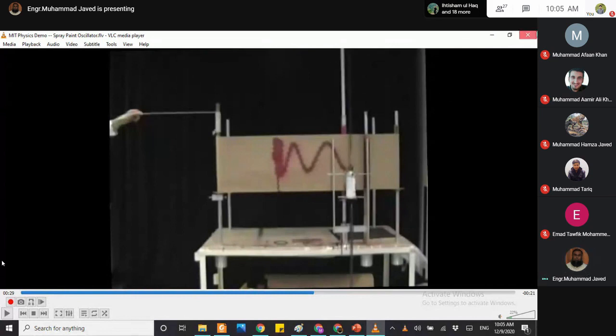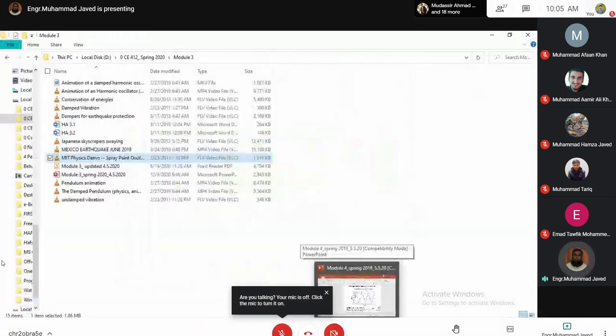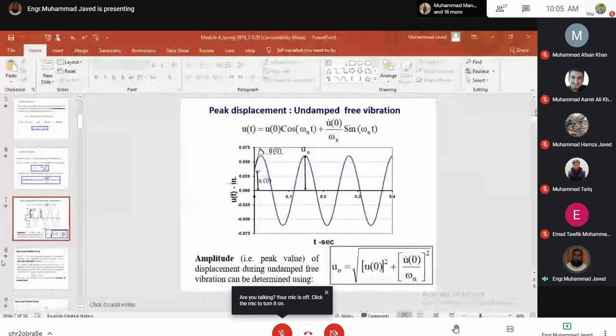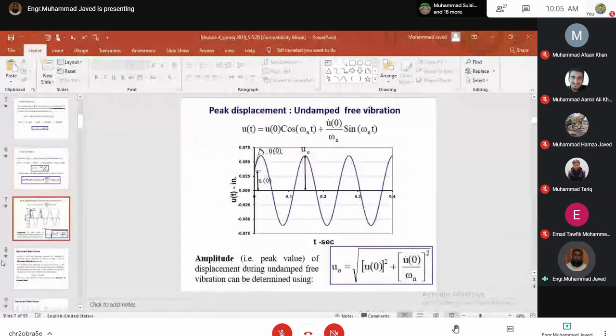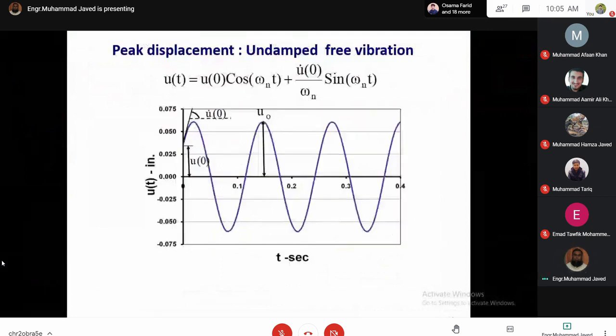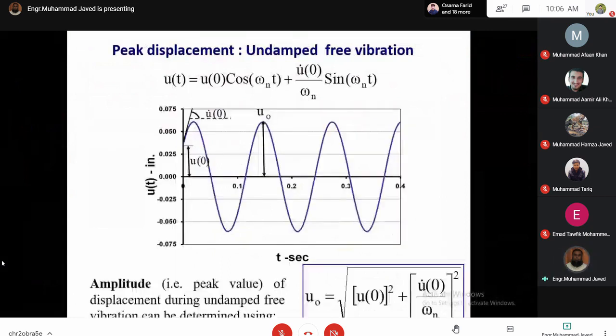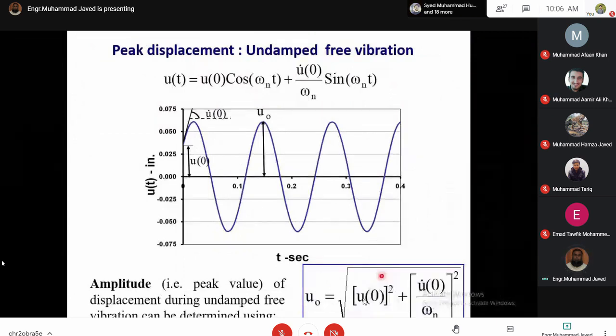Again, I am skipping the derivation and writing the formula for determining the peak value of displacement during free vibration, and it can be derived that the peak displacement in an undamped system subjected to free vibration can be determined by this equation.